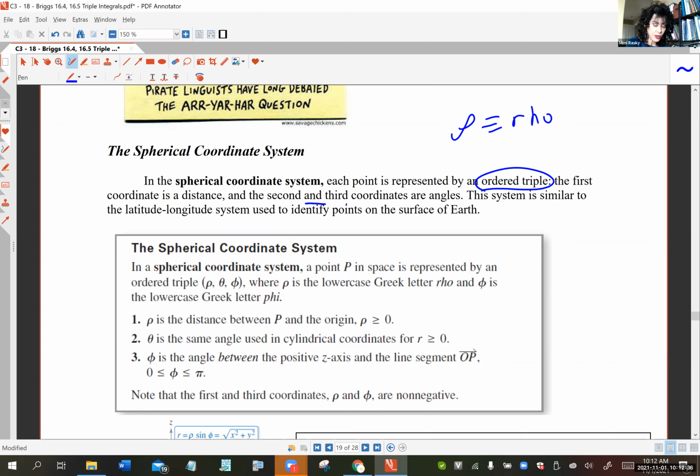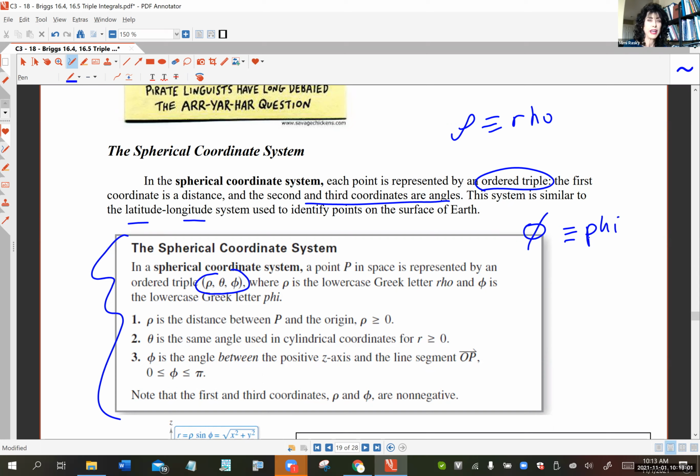The second and third coordinates are angles. So similar to latitude, longitude when you're identifying points on the surface of Earth. So here's the official definition. You've got this ordered triple rho, comma, theta, comma, phi. So this is phi, also a Greek letter.